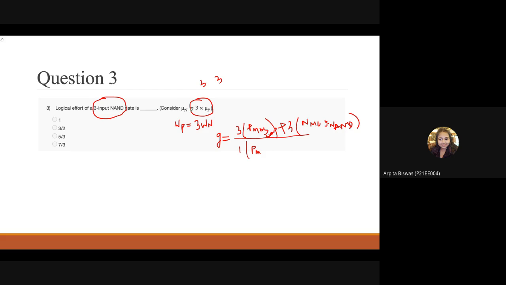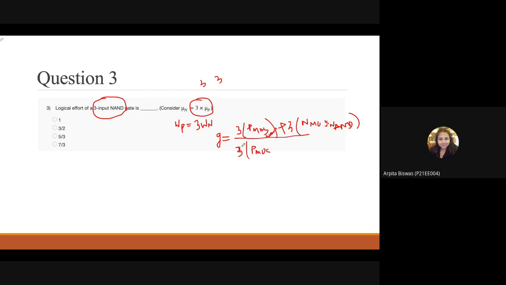So for the inverter, this P here is for the one PMOS. But here mu n equal to thrice of mu p. For the width W, it is opposite. So WP equal to thrice of Wn. So one is multiplied with this three, like three PMOS. Why am I multiplying this? Because for the NAND gate, three PMOS are participating, and for the NAND gate, three NMOS are participating, and both are in series. And for the inverter, one PMOS is participating and one NMOS is participating. But here the condition is that mu n equal to thrice of mu p for the inverter.